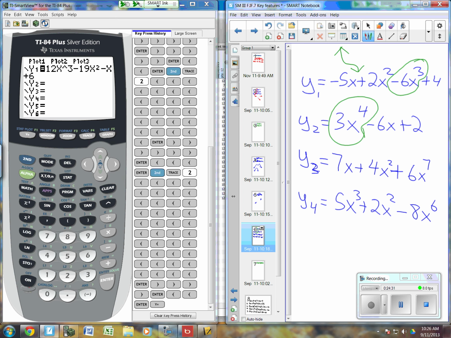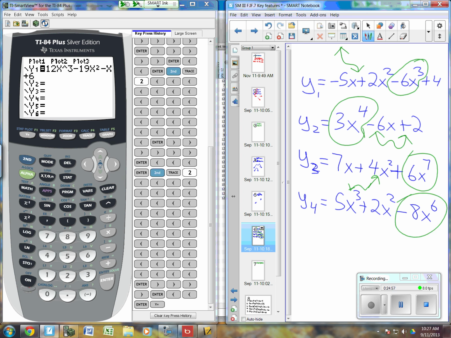Since it's positive, they're both going to be going up. This one right here, the highest degree term, that one. Since it's odd, it's going to go either like this or this. And since the coefficient is a positive number, it's going to be going like that, right? Up to the right, down to the left.